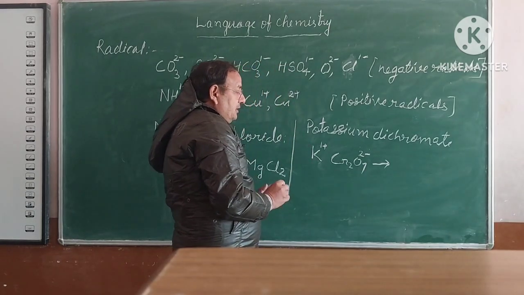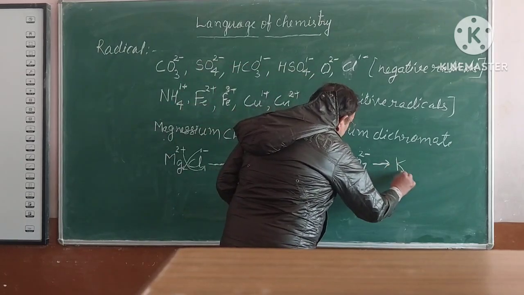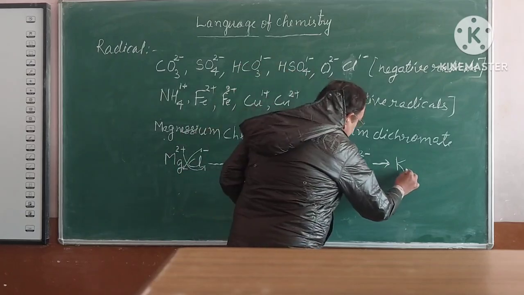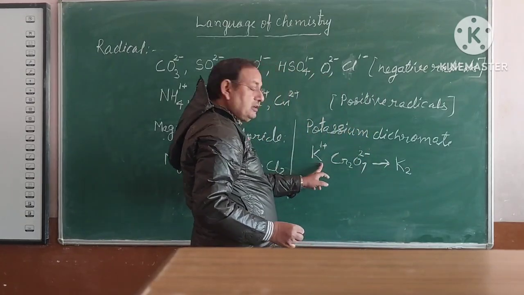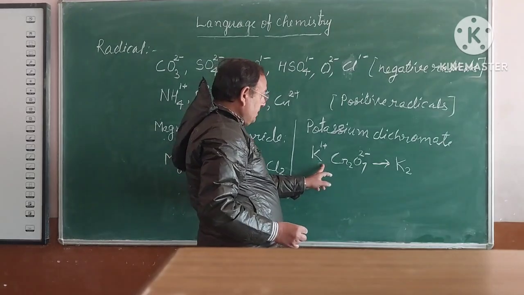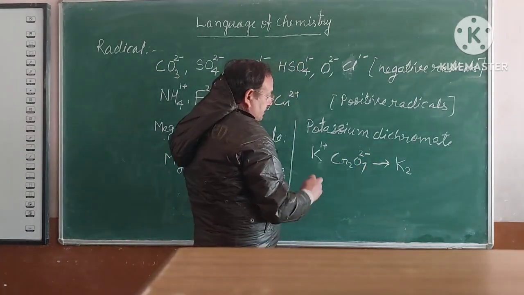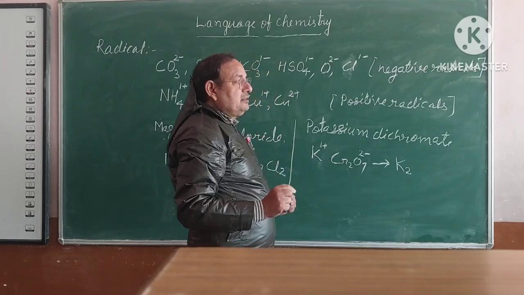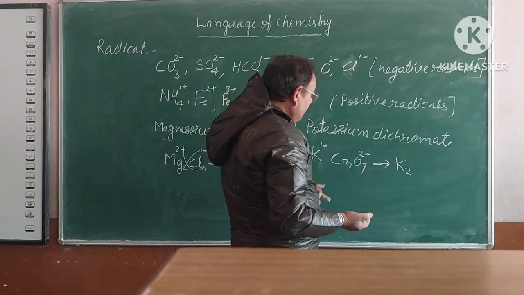So in this way we get K2. But 1 is always understood as the factor of everything, so 1 will not be written.